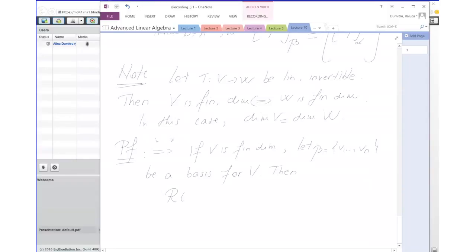Then I'm going to look at the range of T. The range of T is the span of T of V1 through T of Vn.